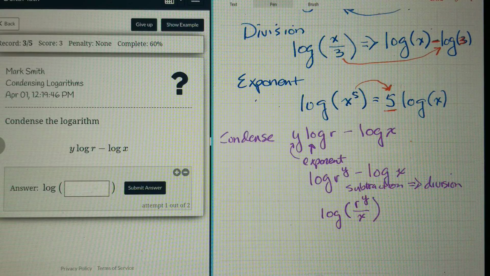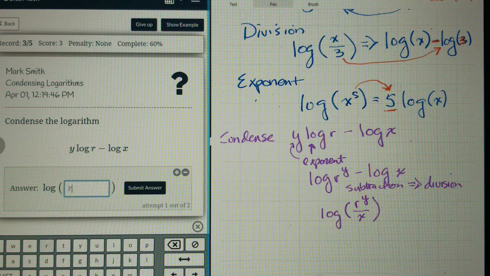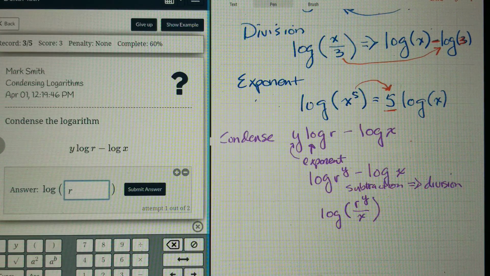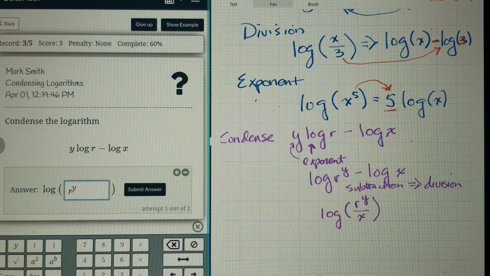Let's go over here and try and put that in. We have r, and we have to put in a power, the y, so r to the y power, and then hit an arrow to get out of there, just like we would on our calculator at school.